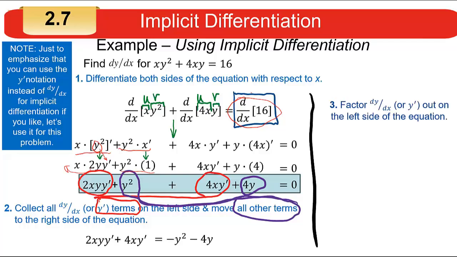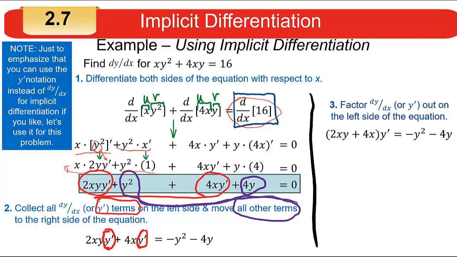The next step is the algebra. You want to factor the dy over dx, or y prime, we're using y prime, out of the terms on the left-hand side. If you factor a y prime out of the terms on the left-hand side, you're left with 2xy in the first term and 4x in the second term of that factor that gets multiplied by y prime.